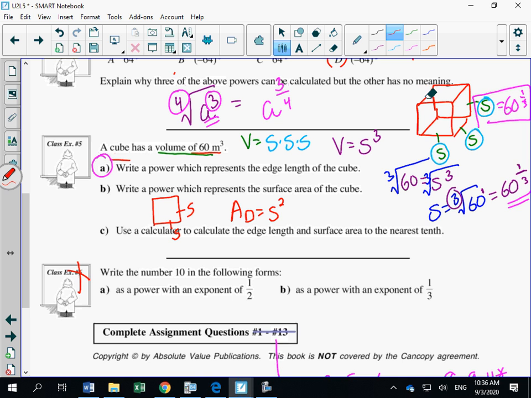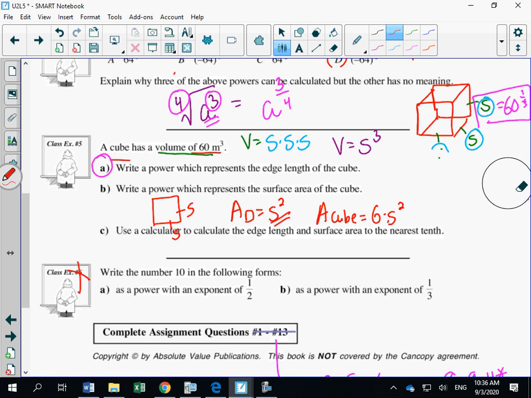There are 6 faces. So the surface area of a cube is equal to 6 times side squared. You find the area of one of the squares and multiply it by 6. Now, we know what S is: S is 60 to the power of 1/3.